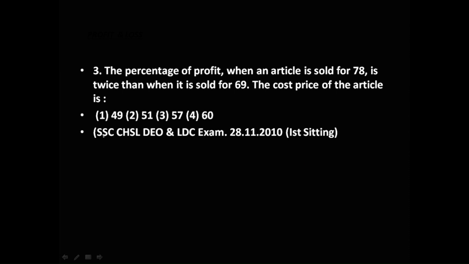So the third one, what's the third one? The percentage of profit when an article is sold for 78 is twice that when it's sold for 69. We have to find out the cost price. So the equation is 78 minus CP equals 2 into (69 minus CP), because we are given that the profit is doubled.